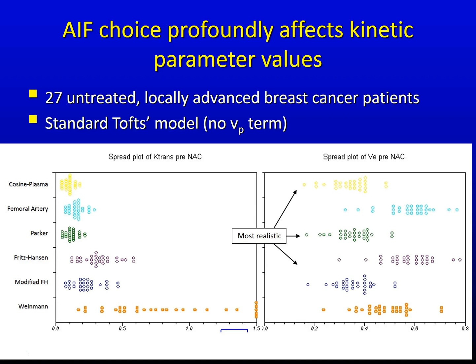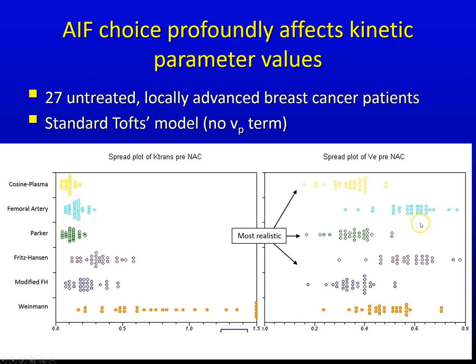Now, which is the best one to use? Which is the best model? Which is the best input function to use? Well, we recently looked at this, looked at 27 women who had locally advanced breast cancer and just fitted something called the standard Tofts model. And what we noticed was that the most realistic values for leakage space were for the cosine plasma model, for the Parker recirculation, and for the modified Fritz-Hansen.